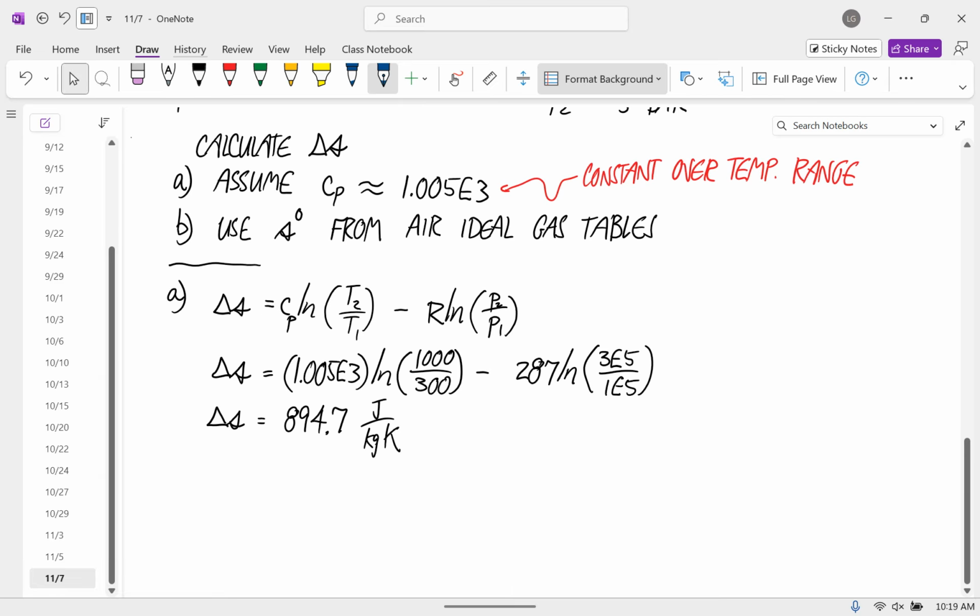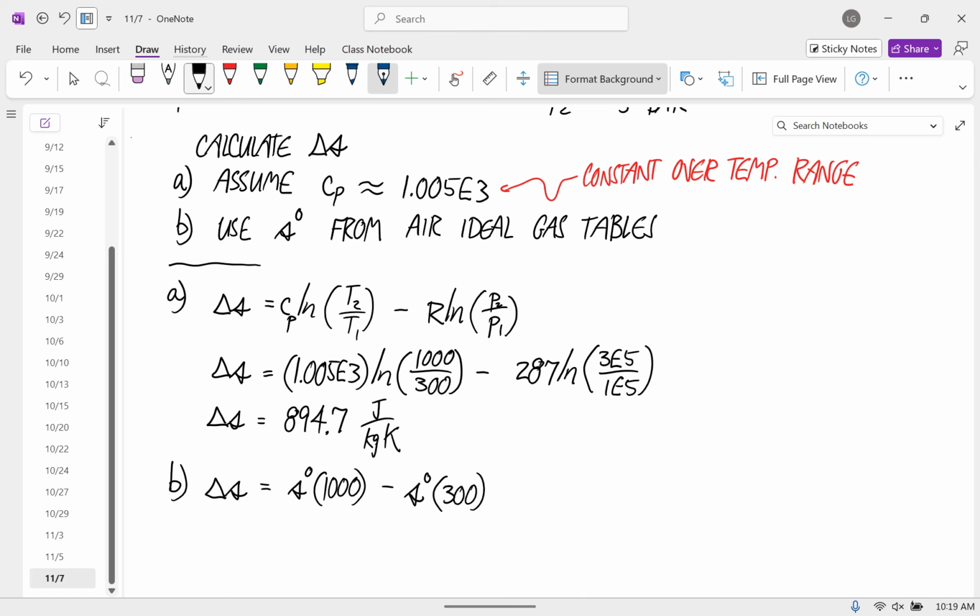Okay, the second way we're going to do this is delta S is equal to S super zero of 1,000 minus S super zero of 300 minus 287 times the natural log of 3 times 10 to the fifth pascals divided by 1 times 10 to the fifth pascals.